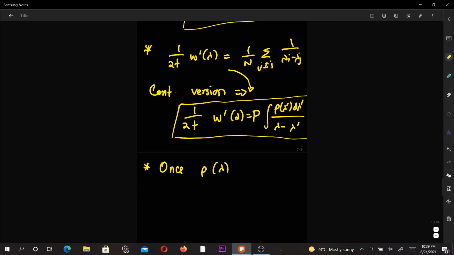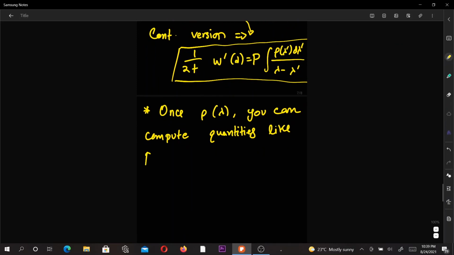For example, once rho of lambda is known, you can compute quantities like free energy and so on. So this is the ultimate goal. This is our golden duck.